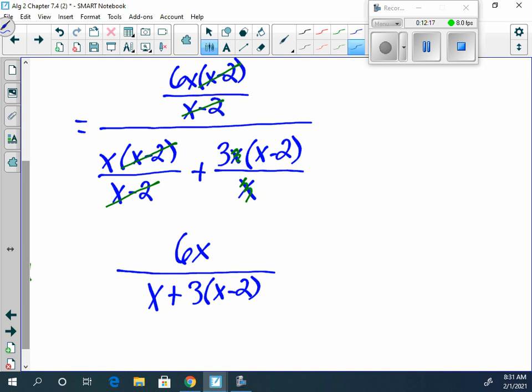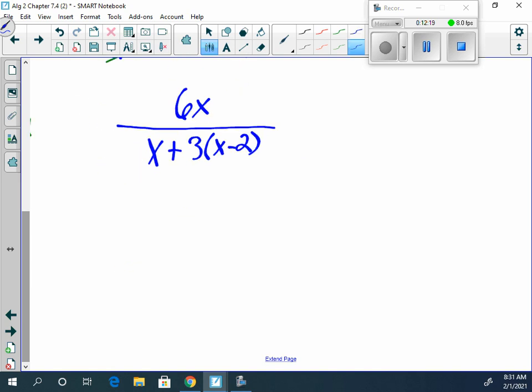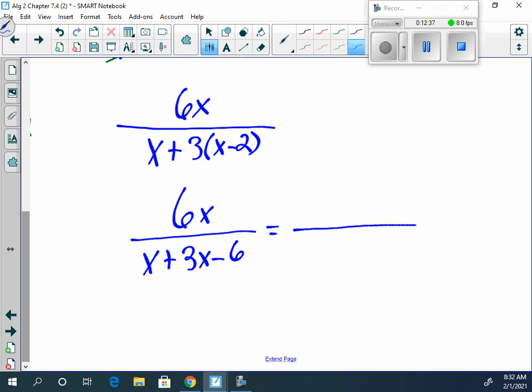Now we just need to simplify this here, because I can't leave it as x plus 3 times x minus 2. Can't leave it like that, so we'll need to simplify a little bit. Well, 3 times x is 3x, 3 times negative 2 is negative 6, x plus 3x is 4x, minus 6. Are we done?